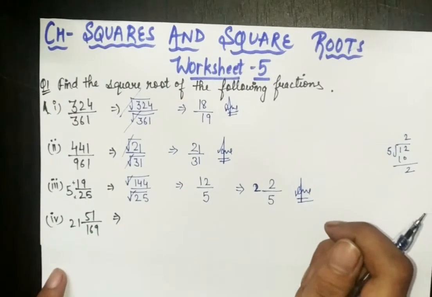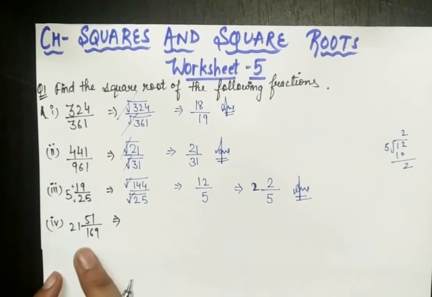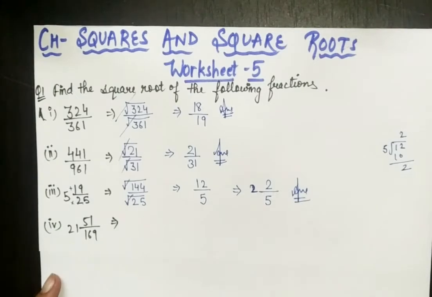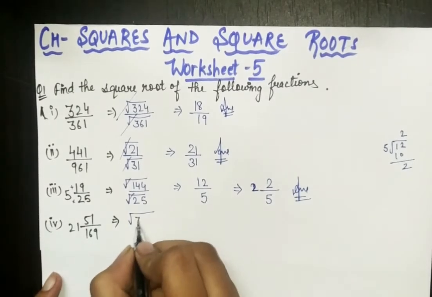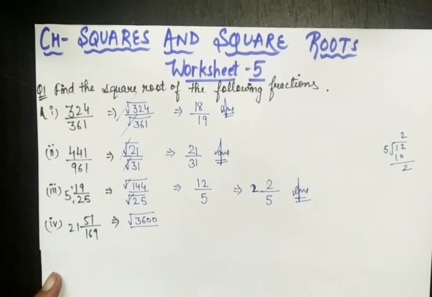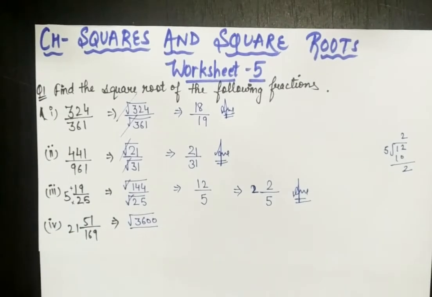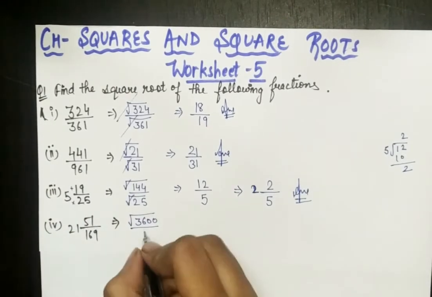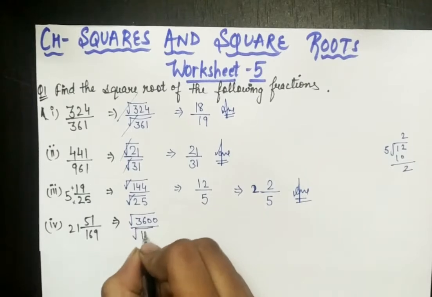Now similarly we have to do with this part, like 169 into 21 and then plus 35, that will be 3600. 3600 means root 3600 upon, and you all know that 169 is the square of 13, so you can simply write 13.